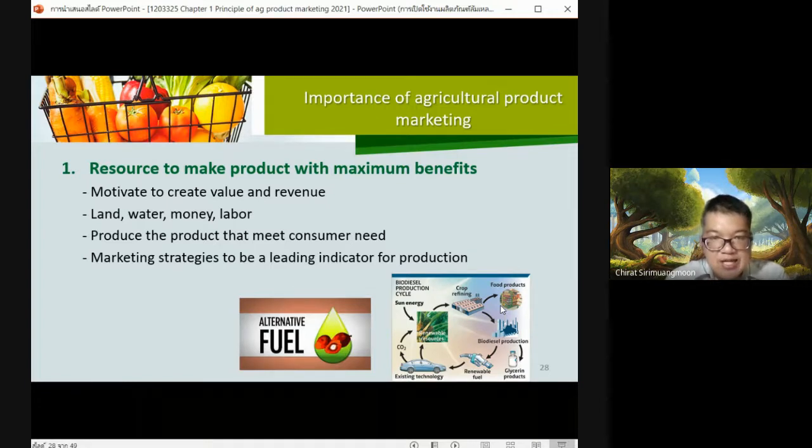So agricultural products in Thailand can be used as the resource to make the product with the maximum benefits.